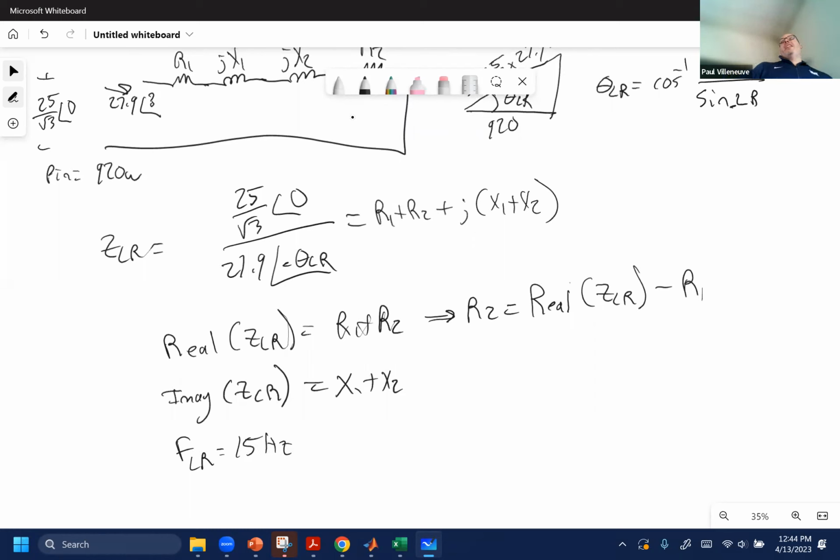We need to correct that to 60 hertz because this motor is intended to operate in a 60 hertz system. So our correction factor is equal to 60 over 15, or 4. Because X sub L is equal to omega, or 2 pi f, times L. So if my frequency goes up by a factor of 4, I'm just going to multiply that out by the correction factor.